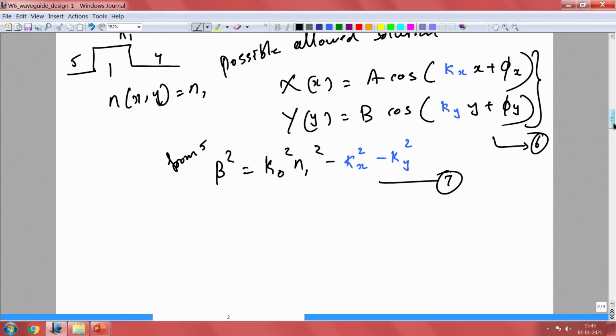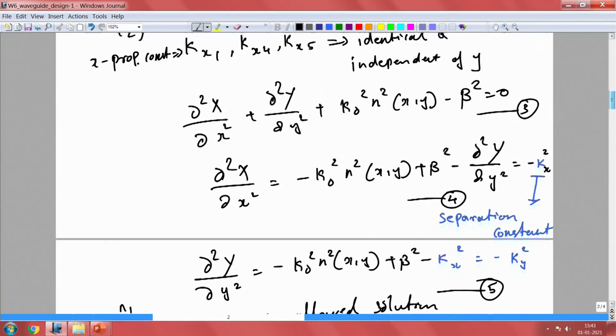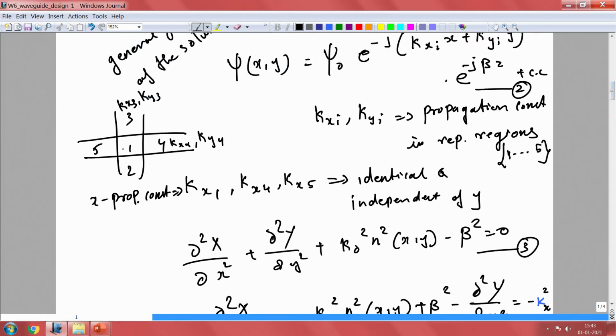So, let us look at the cross section again here. This is where you have the light that is getting confined. So, outside all these regions, for the moment let us not worry about the corners, the corners we will bring up as we mature the understanding here.